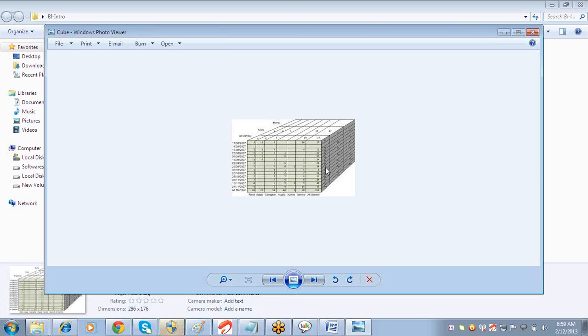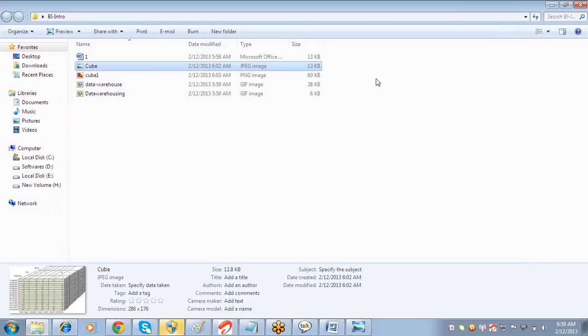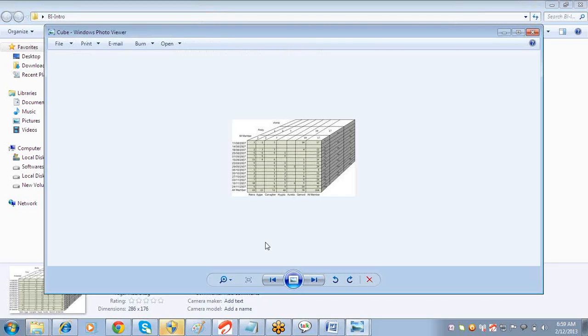So we build cubes using SSAS, which is again a tool. After you build the cube, it's so easy to look at the data. Any question, the answer is readily available.